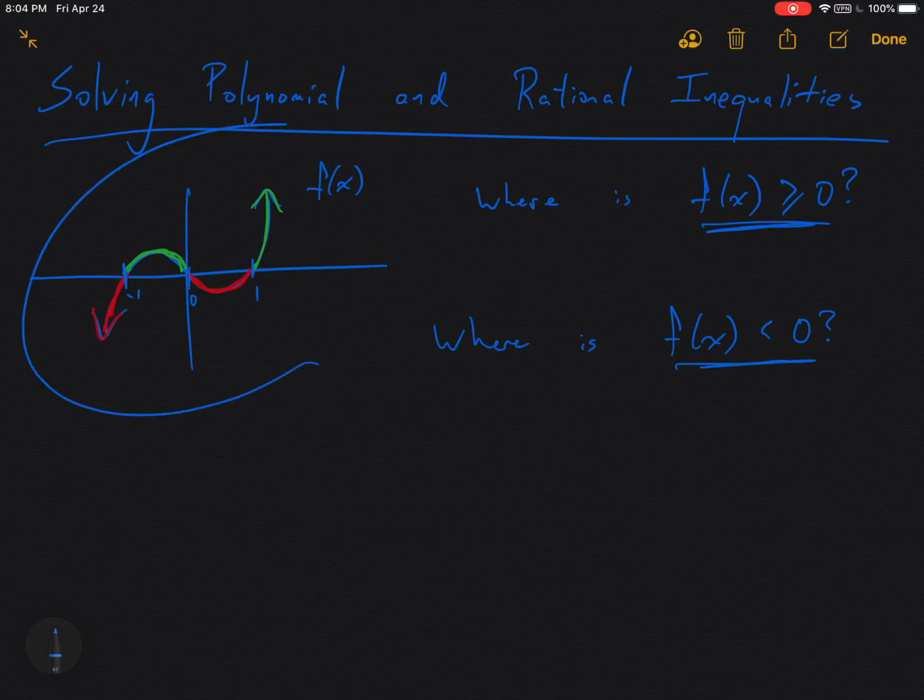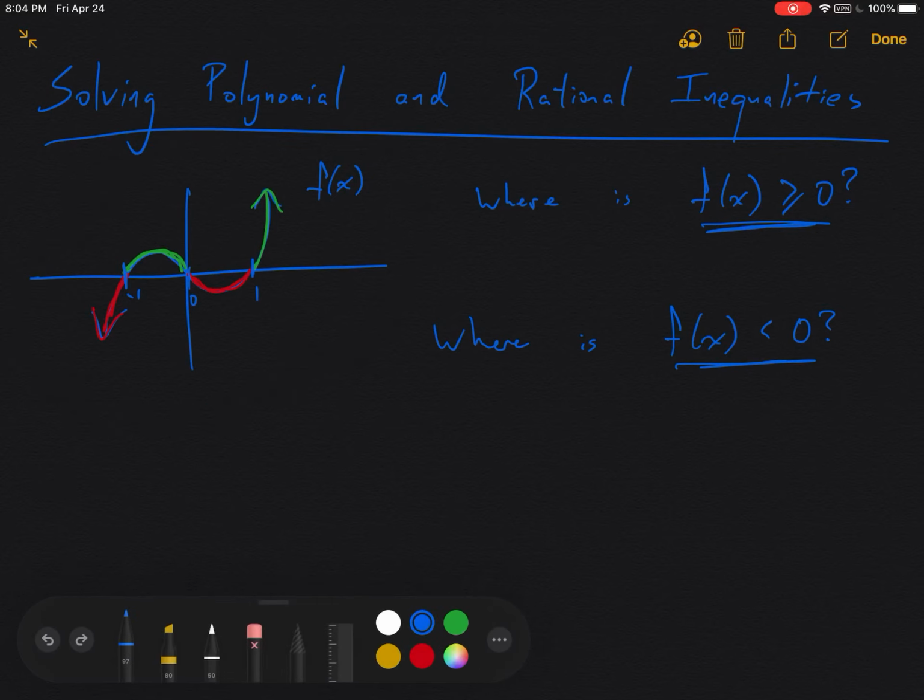If we know what the graph looks like, like we have over here, then we can answer the question relatively easily. Here we could say, f of x is bigger than 0 wherever its y value is bigger than or equal to 0, and that happens in the green region for this graph.